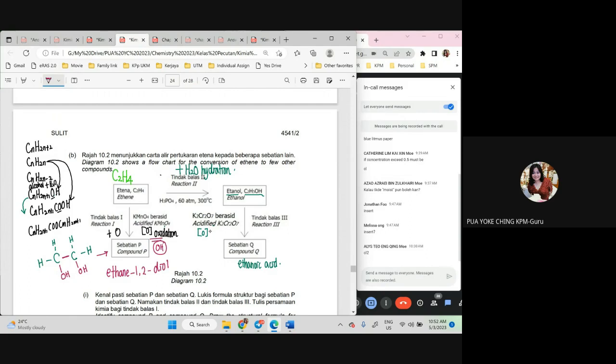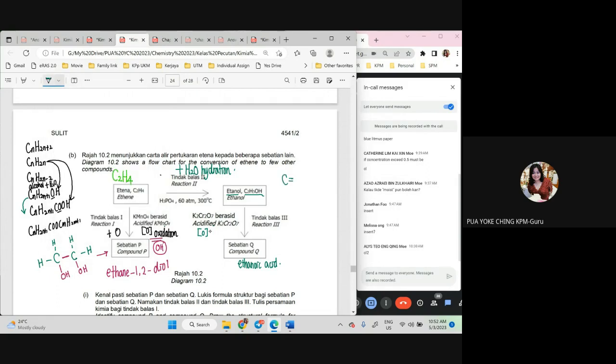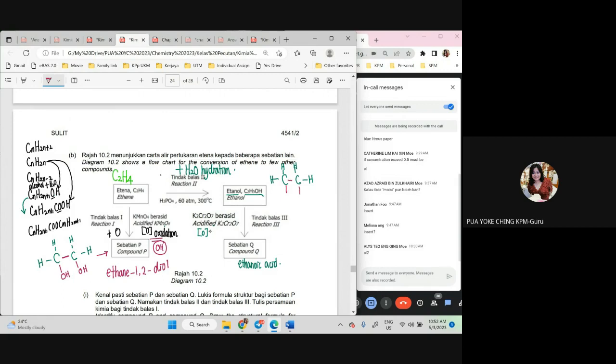Okay, kalau atas ni ethanol, is at the beginning you have C double bond C, H, kan? Okay, so erase double bond, tambah single bond, and you have 2 new bond.